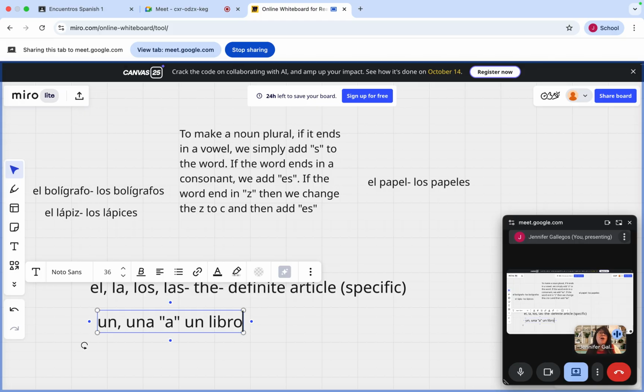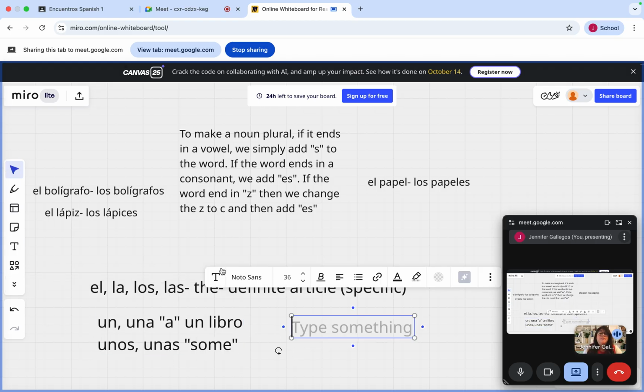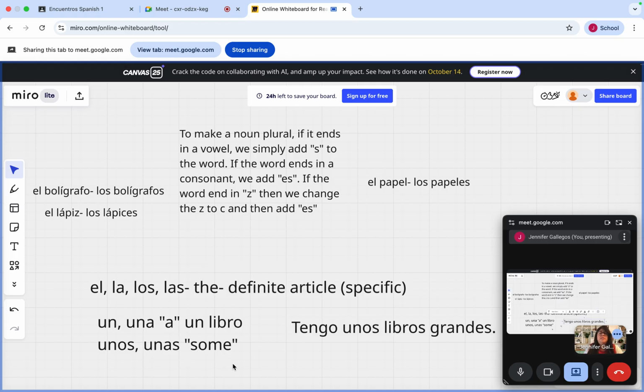Now, what if it's plural and we're talking about libros, like I have some books? In that case, we would use unos or unas, and that means some. So I could say, we haven't learned this verb yet, but tengo, I have unos libros grandes. I have some big books, all right?